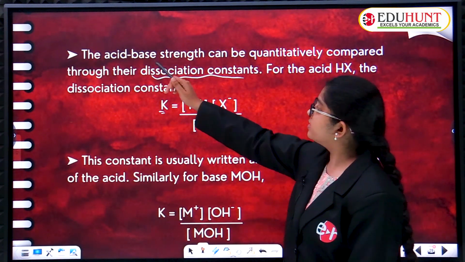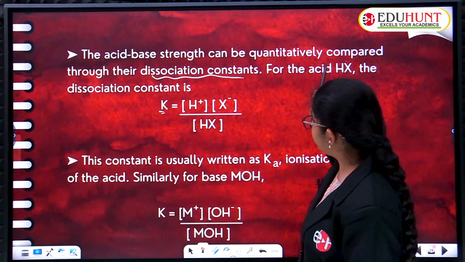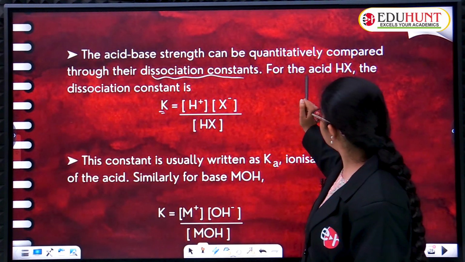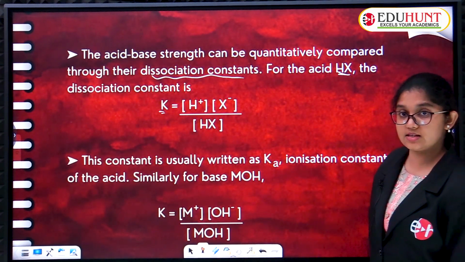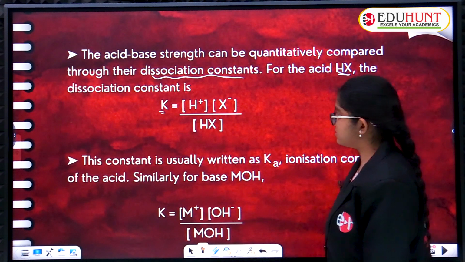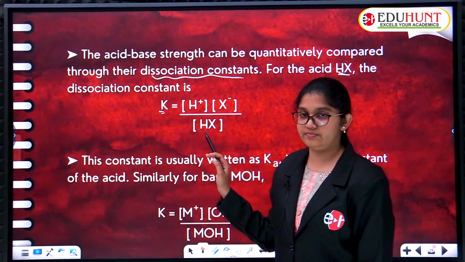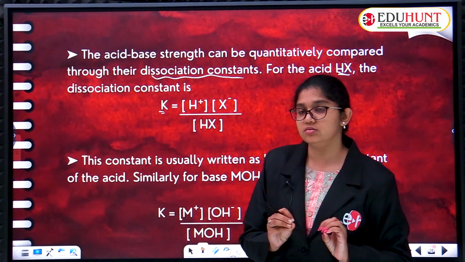Once again, the acid base strength can be quantitatively compared through their dissociation constants. For the acid HX, the dissociation constant is K equals H plus times X minus by HX. Children, quantitatively means it is giving a number.